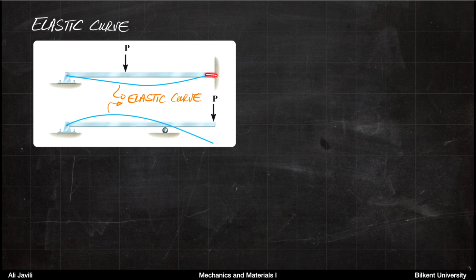Now, that deformed shape of the beam, we call that elastic curve. So we are looking for the function that defines the deformation as a function of x, and that function is the so-called elastic curve.